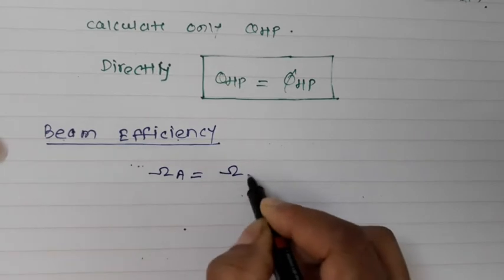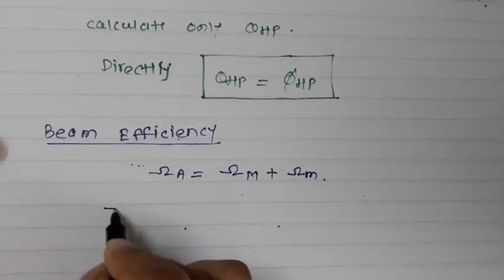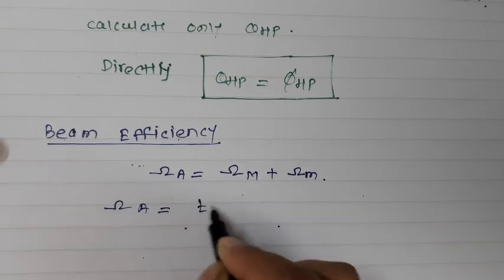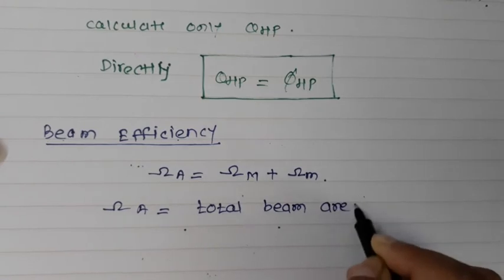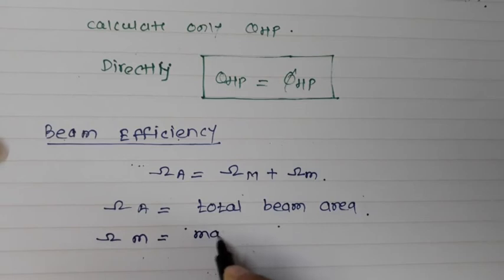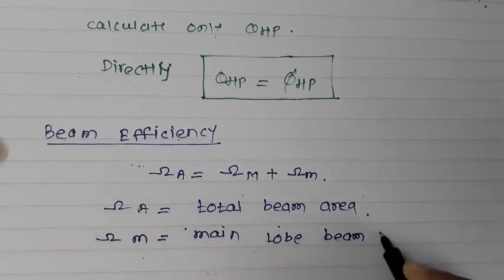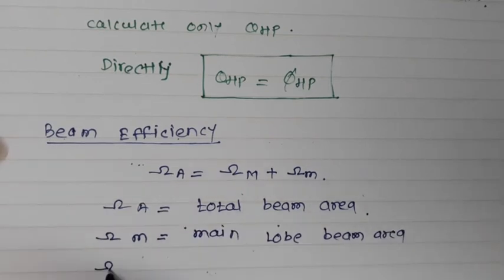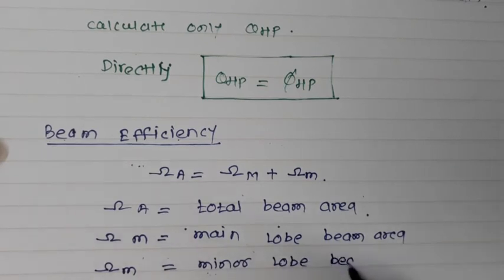So Omega A equals Omega M plus Omega m. Omega A is nothing but the total beam area, Omega M is the main lobe beam area, and small Omega m is the minor lobe beam area.